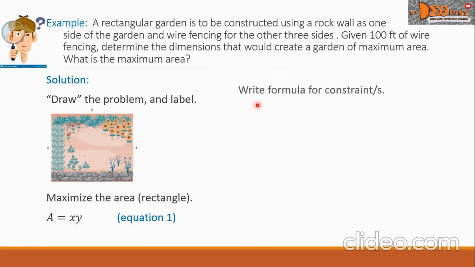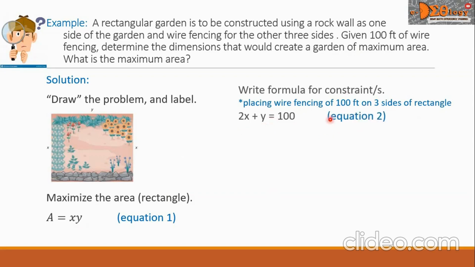Next, we're going to write the formula for constraints. In the problem, we're going to place wire fencing of 100 feet on three sides of the rectangle. So we write here 2x plus y equals 100. So this equation is regarded as equation 2.